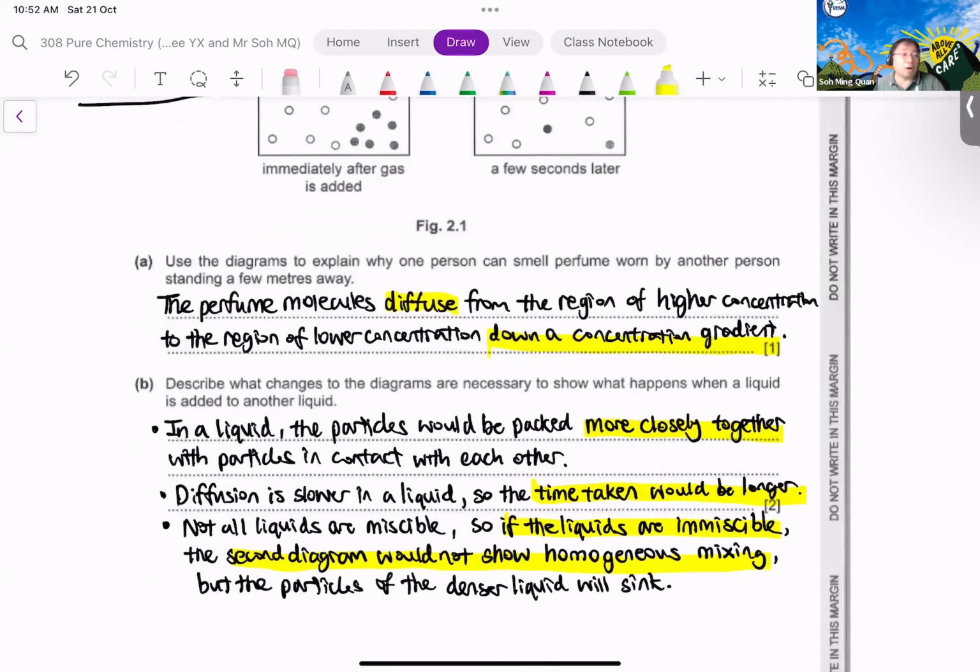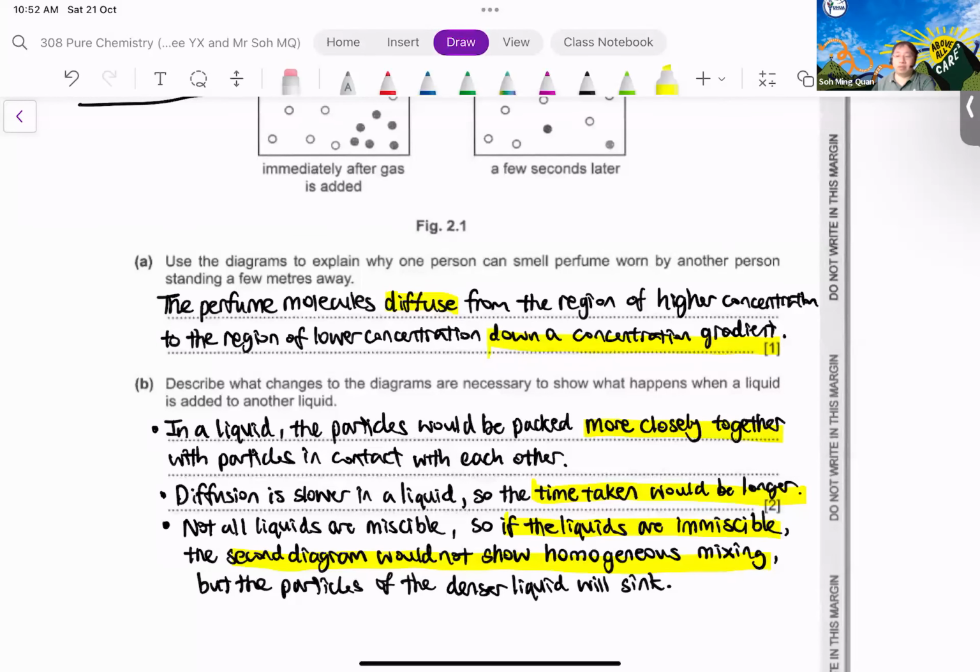All right, so these are all the possible answers you could have given. And in fact, this kind of question you must score because they don't require you to have specific keywords that cannot be paraphrased. They just want to see your thinking. Are you able to think?